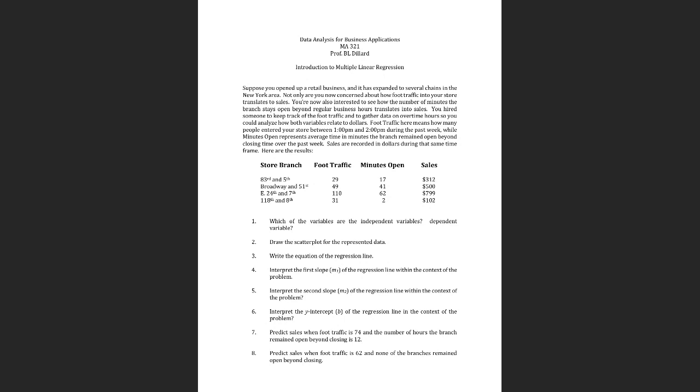But look at, for example, how the data is posed. You see foot 29, minutes open 17, and sales 312. So now we have 2 explanatory variables, which are foot traffic and minutes open, but we're still predicting sales. So I don't know if you guys can see this. I'm going to write this right here. 29, comma, 17, comma, 312. Okay? So that's just one of the points. And I'm going to exit this out.